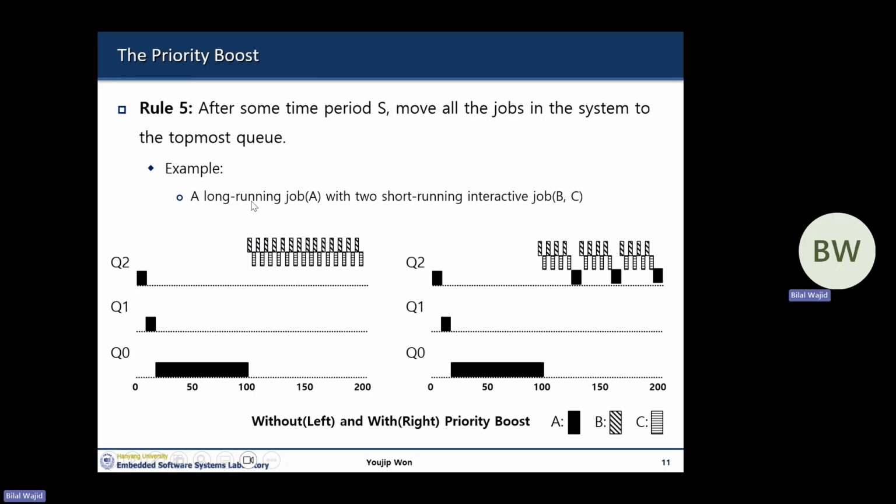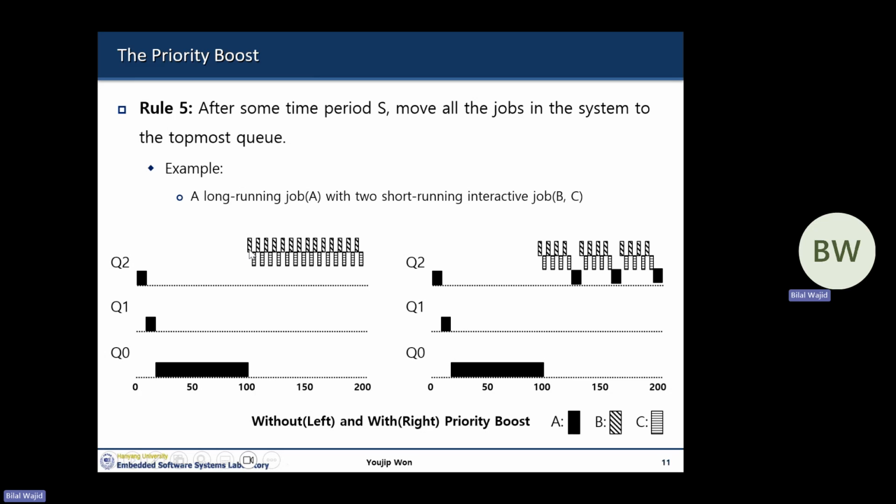So there was a long running job A, and now there are two jobs that arrive pretty much at the same time, B and C. These are short interactive jobs. And they are short because you can see here that the time slice is larger in width and they're actually taking less time. So B and C both are given the highest priority.